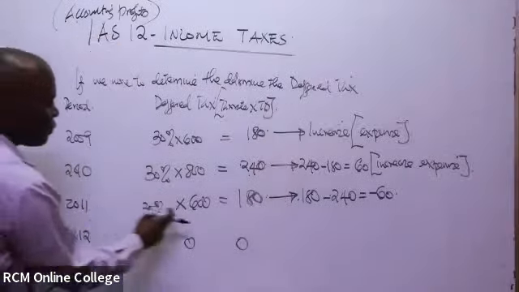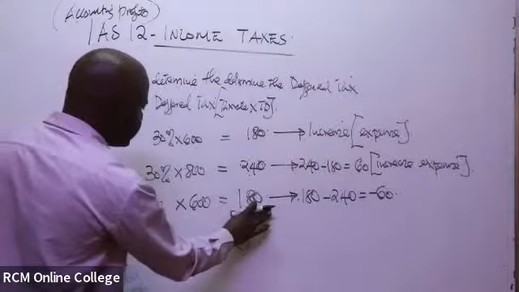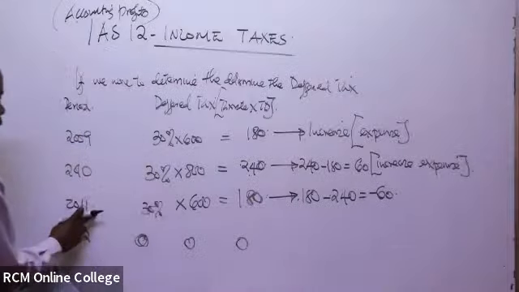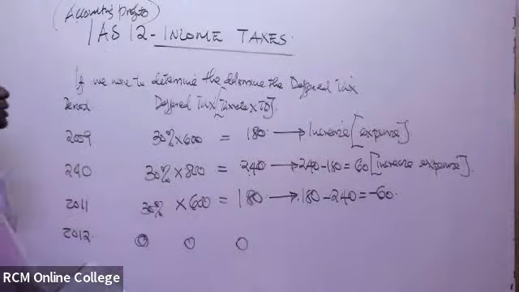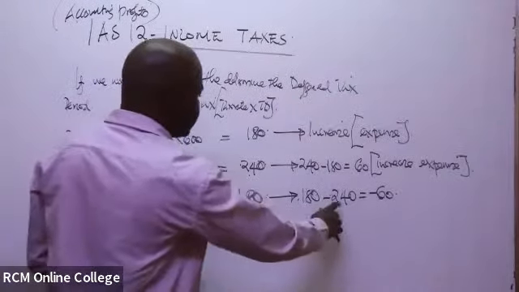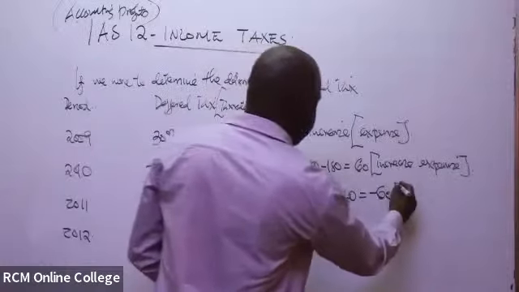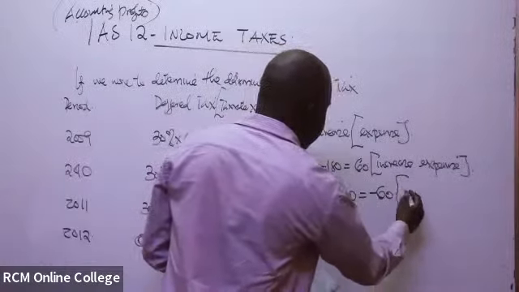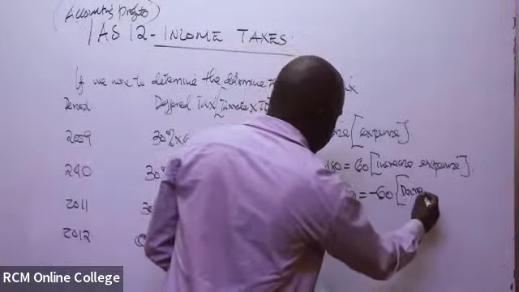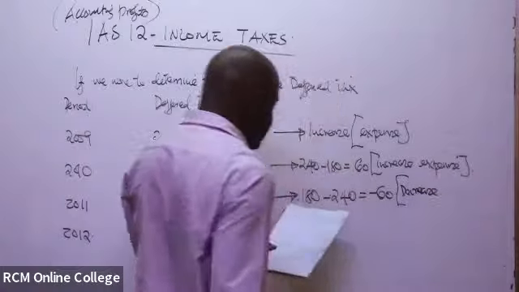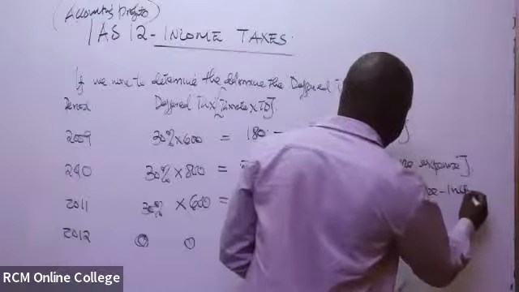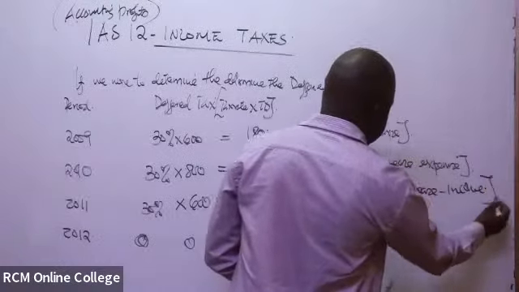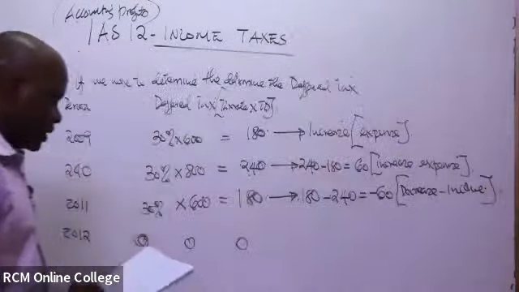By the end of the year 2011, the deferred tax liability had moved from 240 at the start of the year to 180. So there was a drop, a negative of 60. If it is a decrease, then you treat it as an income.